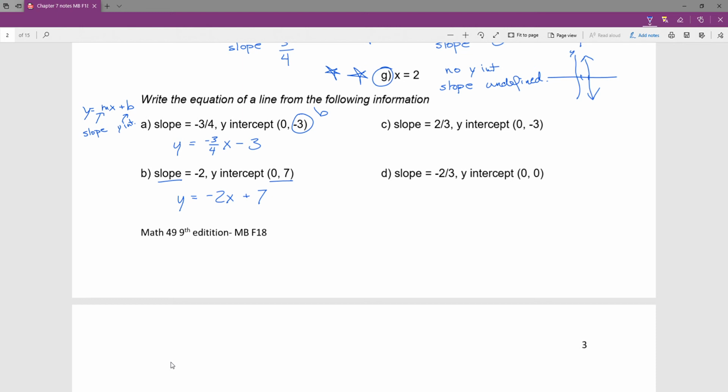Two more. This one says that my slope is 2/3, so y equals 2/3 x, because that's the coefficient on my x term. That's the m value, my slope, and a minus 3, because I can see that my b value is a minus 3. The next one down here, I would write out y equals negative 2/3, because that's what it says my slope is, x.